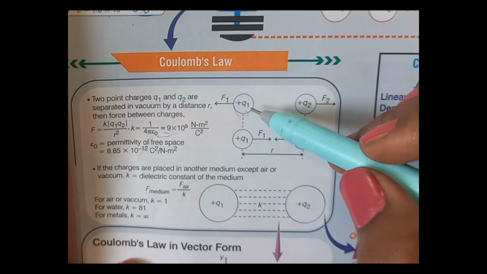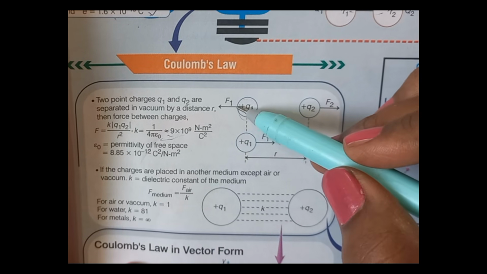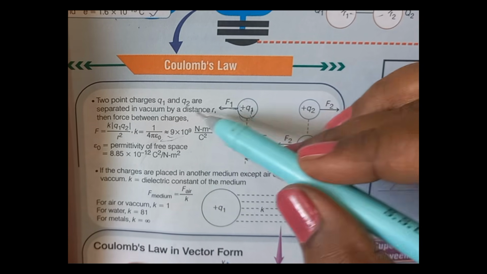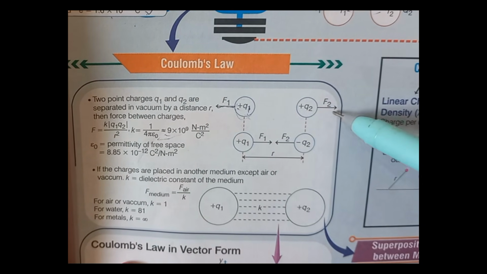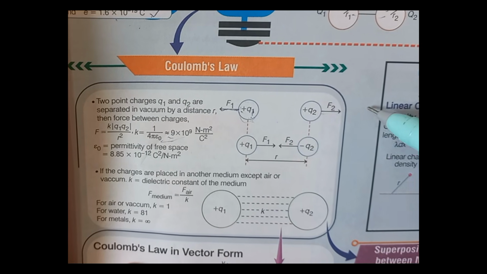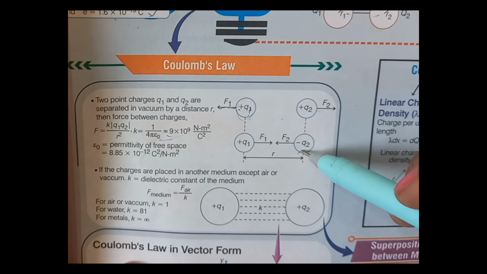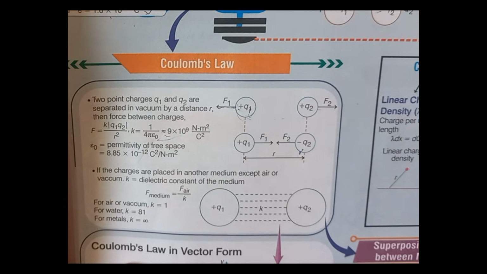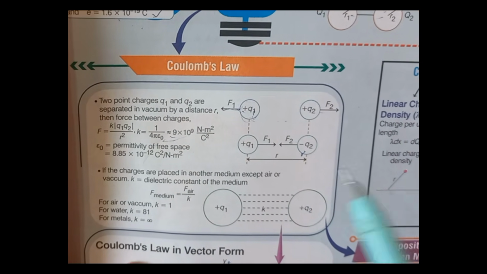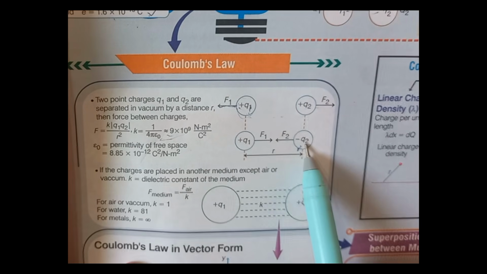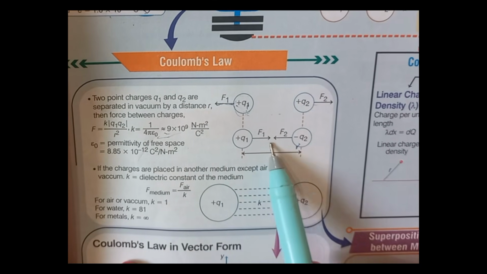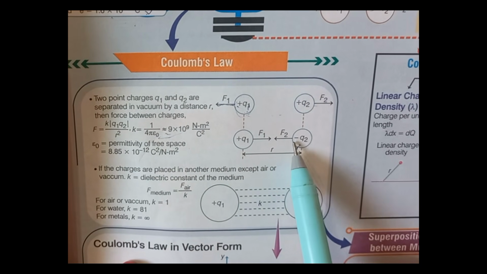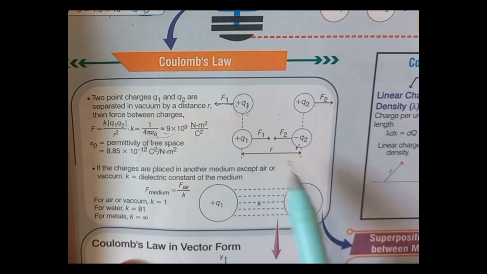Here you can see from Q1, force F1 is moving in the outer direction, and F2 is moving in the other direction. They repel each other. Whereas in the second diagram, down below, you can see that Q1 is positive and Q2 is negative. Then the forces F1 and F2 are attracting each other. The distance between them is R.